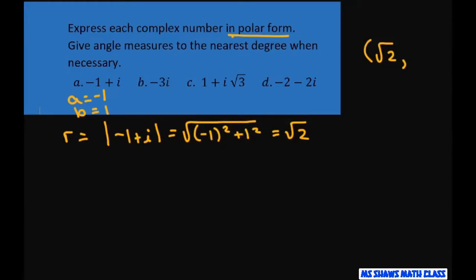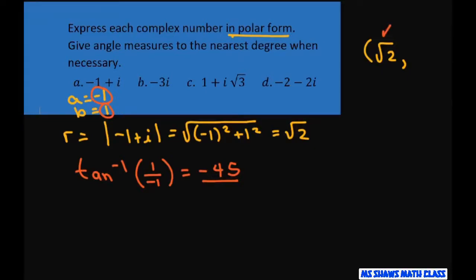And to get your angle, we just do inverse tan of y over x. So this is just going to be 1 divided by -1, which equals -45. Now you notice -45 is in the 4th quadrant, but our r is positive here.